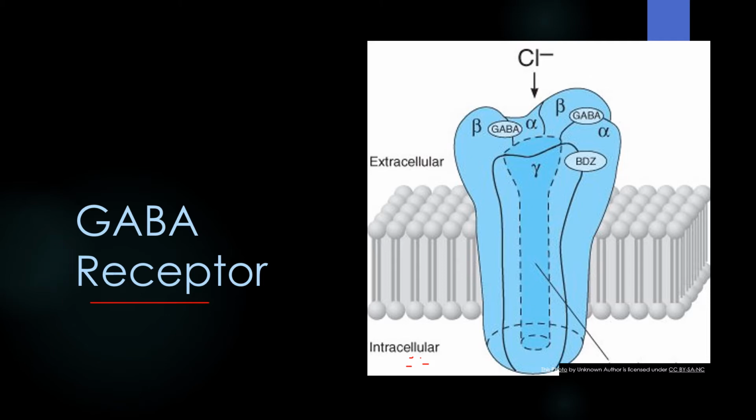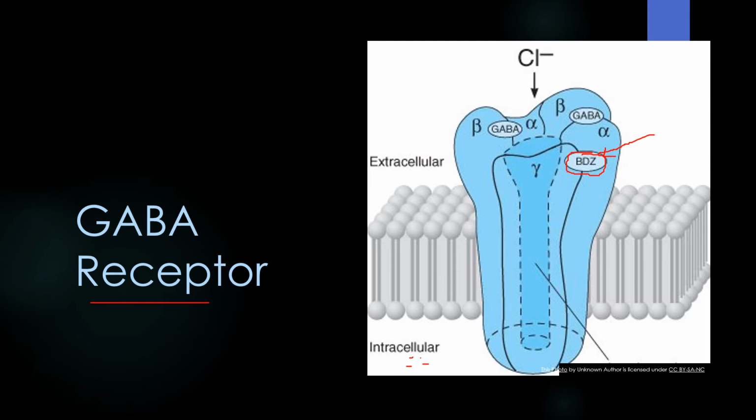There is another allosteric site where benzodiazepine will sit. If somebody has taken benzodiazepine, it will sit here and cause positive modulation, and the chloride channel will open more and more chloride will go in, therefore making the cell more hyperpolarized.